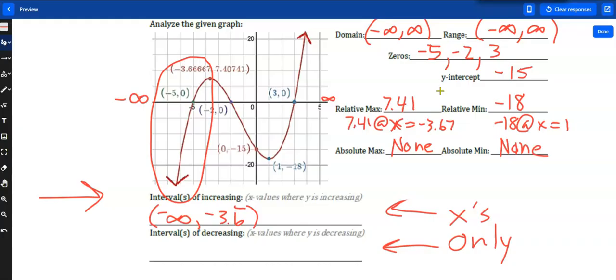And then from negative 3.6 all the way to positive 1, it's going down. But then after that, at 1, it starts to go back up and it keeps going and going and going. Once again, I never mentioned y values, only x's.